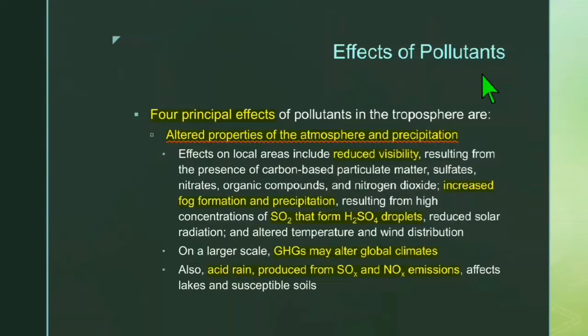Effects of pollutants. Four principal effects of pollutants in the troposphere are altered properties of the atmosphere and precipitation.